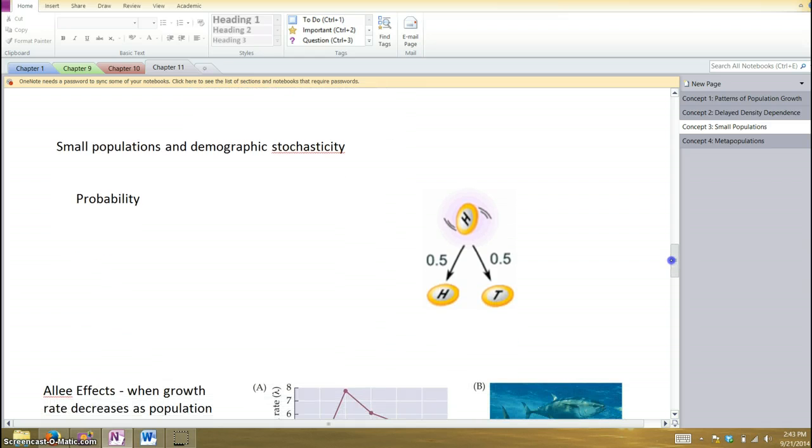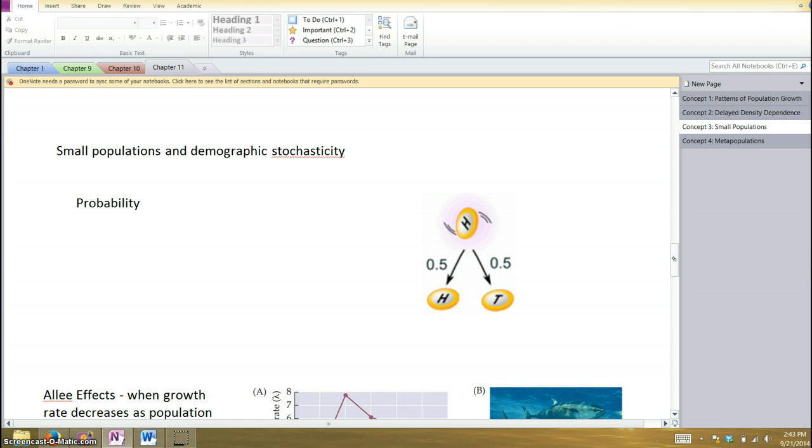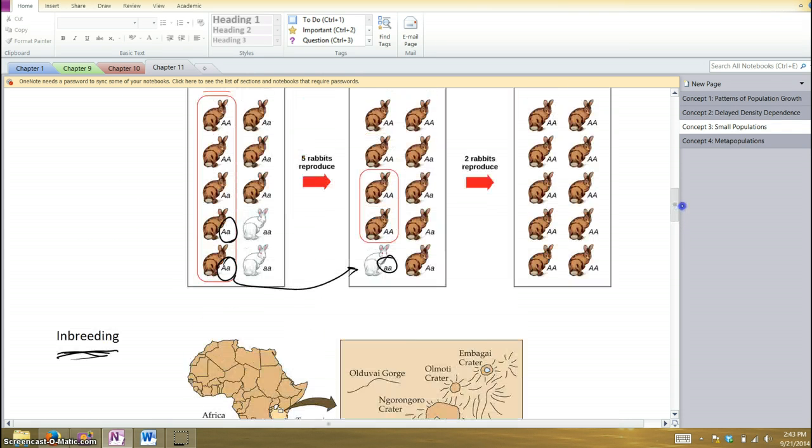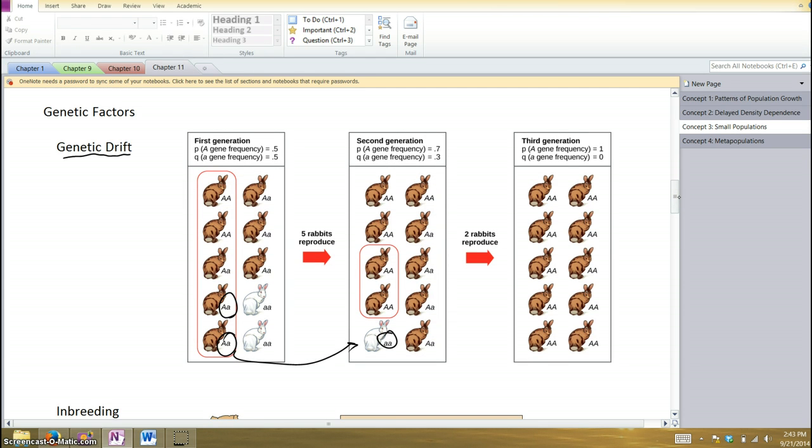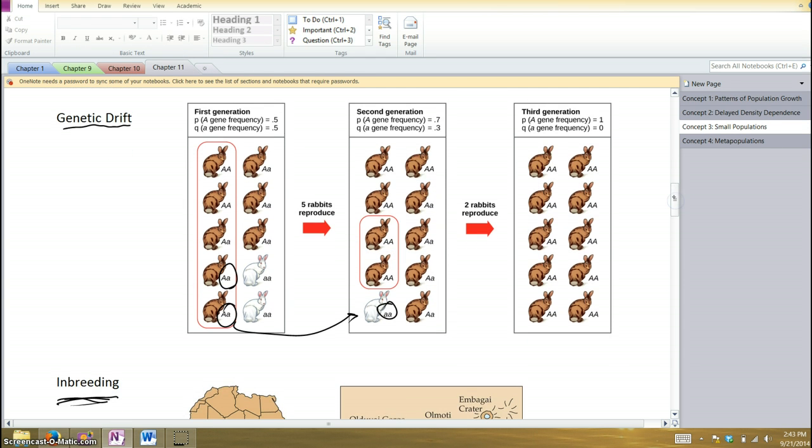All right, so small populations are also susceptible to what we can call demographic stochasticity, which is essentially random changes in that population due to the small size. Now, we talked about genetic drift, which is essentially an example of that. And so I want to revisit that here.